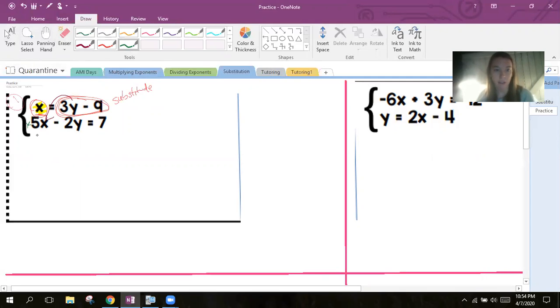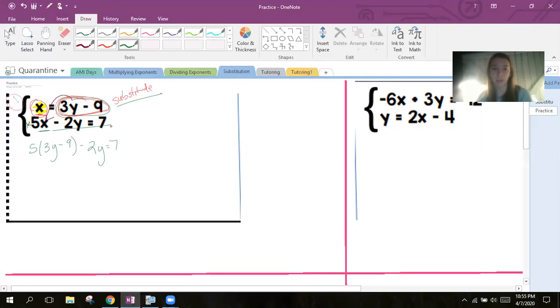So I have 5, and there's an x here. I want to get rid of that x, so I'm going to substitute what x was set equal to. Everywhere I saw that x, I'm going to substitute 3y minus 9, and then write the rest of this equation out. Minus 2y equals 7.